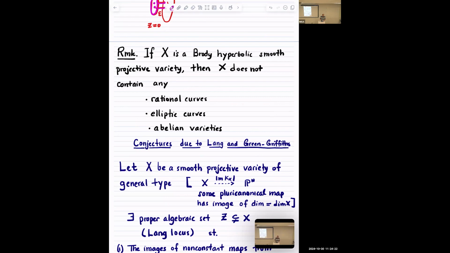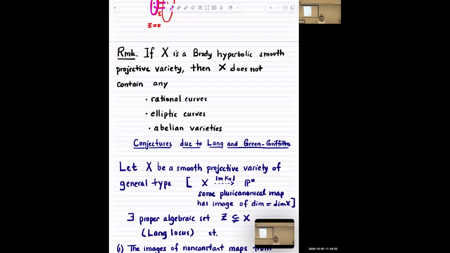You see, the universal cover of an elliptic curve is the complex plane. And more generally, the universal cover of an abelian variety is Cn. So in particular, if you are Brody hyperbolic, if you don't have any entire curves, then a projective variety that's Brody hyperbolic does not contain anything like rational curves or elliptic curves or abelian varieties.